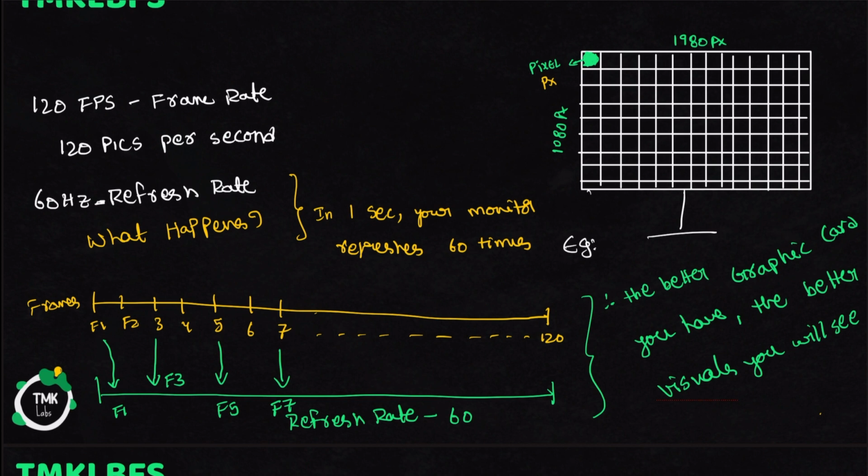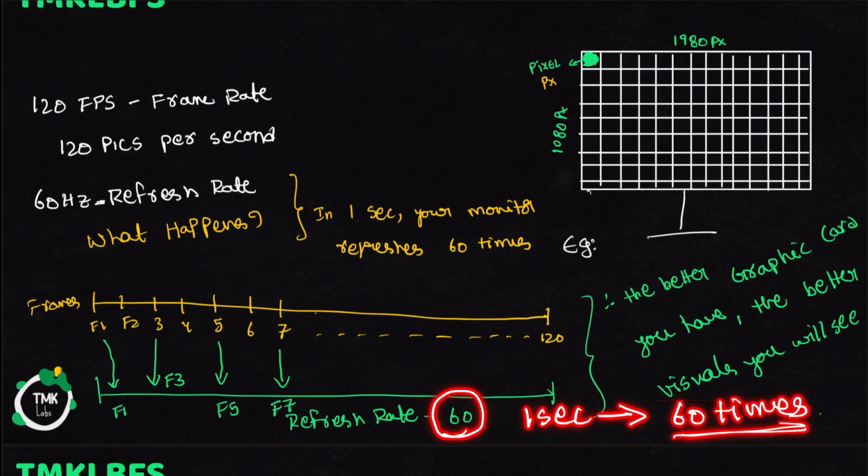In time slot 1, it will show frame 1. In time slot 2, instead of frame 2, it will show frame 3. That way, in 1 second, your screen is refreshing 60 times, but as it is just 60 times and you have 120 frames, it will only show 60 frames.